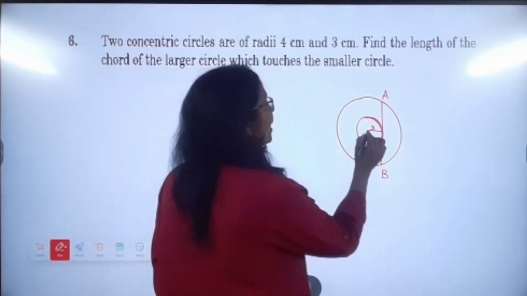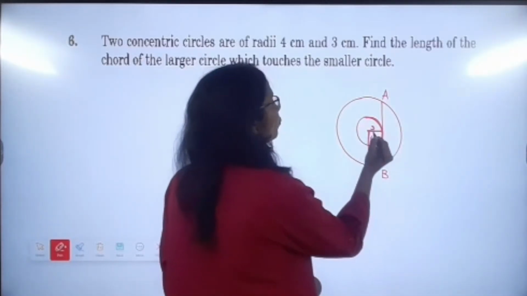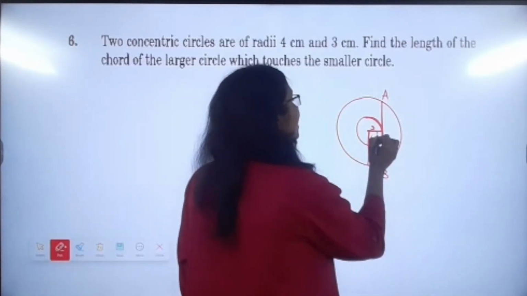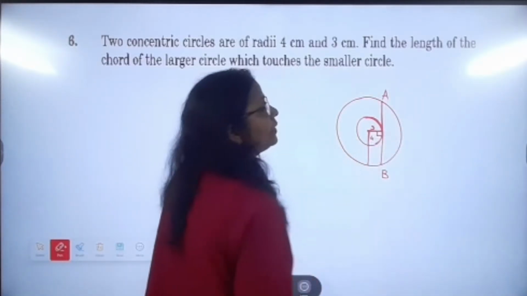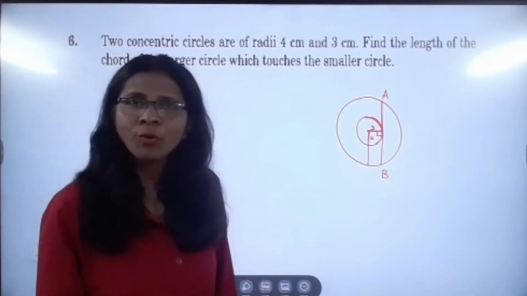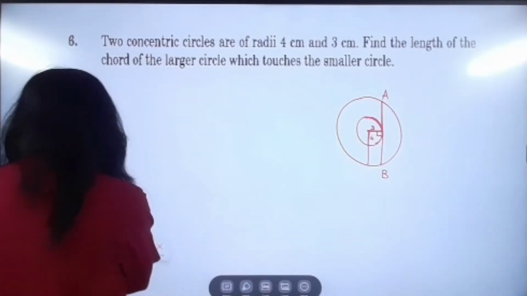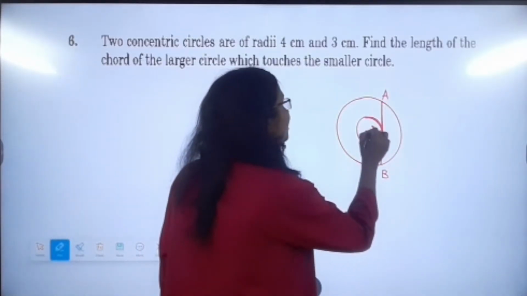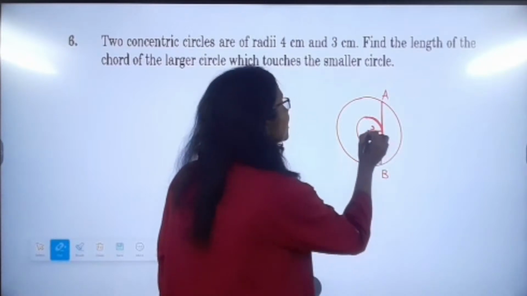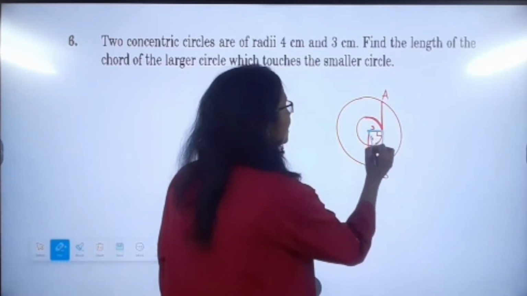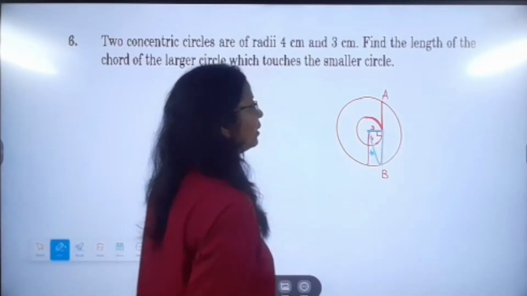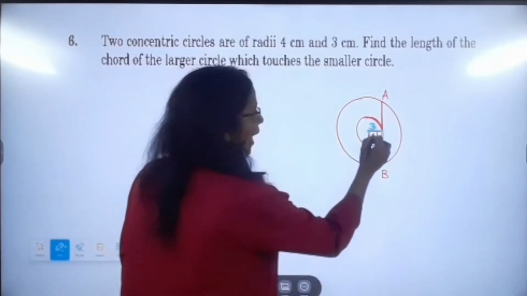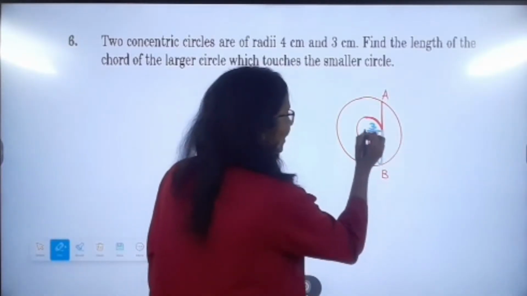This is the radius of the smaller circle, this is the tangent of the circle, and that means it makes a 90-degree angle. This is the radius of the bigger circle and this is the radius of the smaller circle.